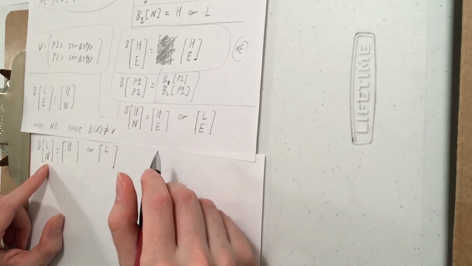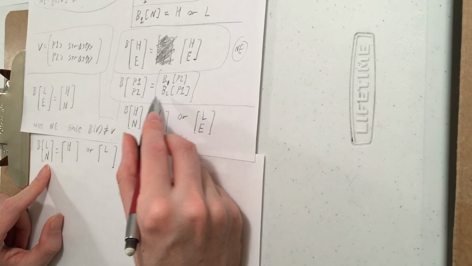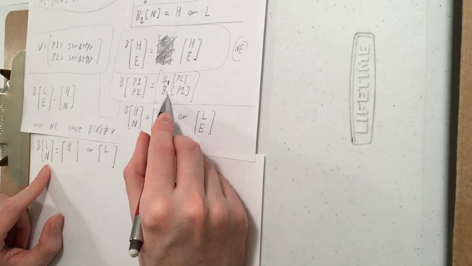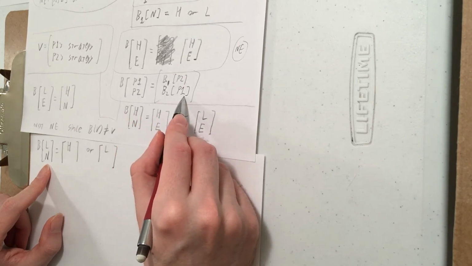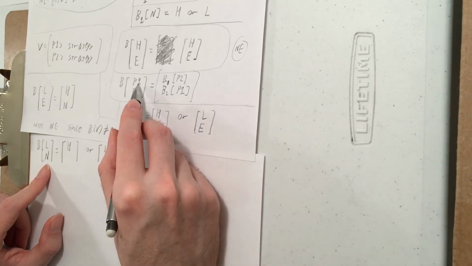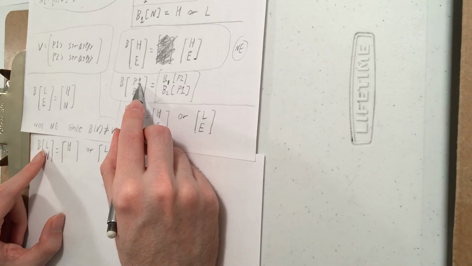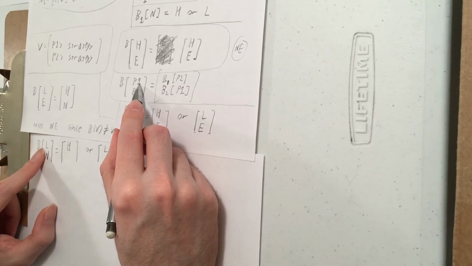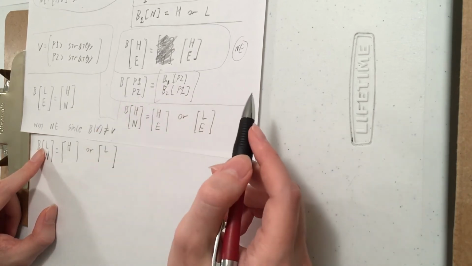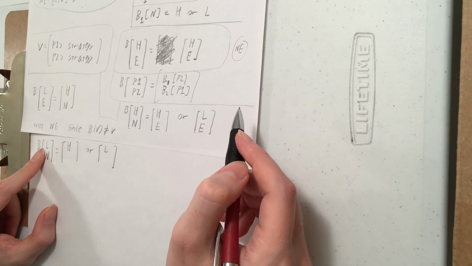All right, last part. This is player 2's best response to what player 1 is doing. Player 1's doing that. That's going to be L in this case. So when player 1 plays L, what does player 2 want to do?